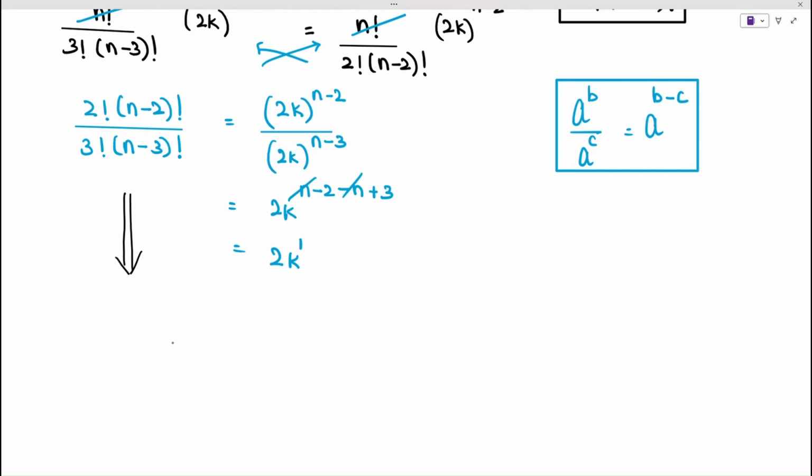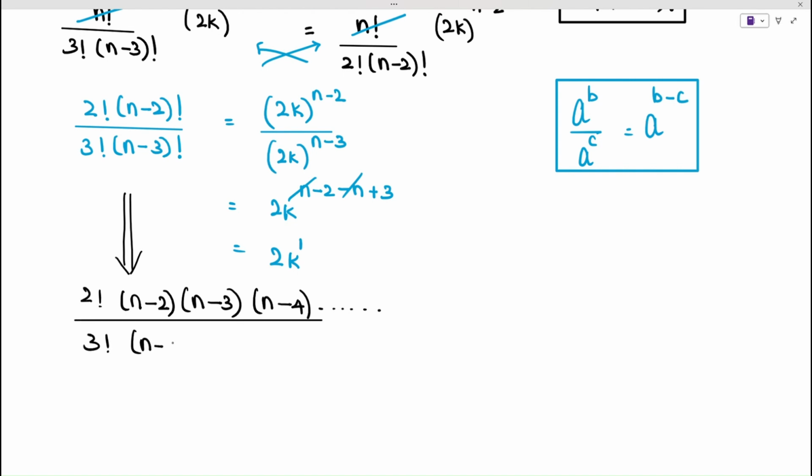So (n-2) factorial, just as the first few terms, will be (n-2) times (n-3) times (n-4) times (n-5), and so on and so on. And on the denominator, we'll have 3 factorial times (n-3), (n-4) times (n-5), and so on until it reaches 1.